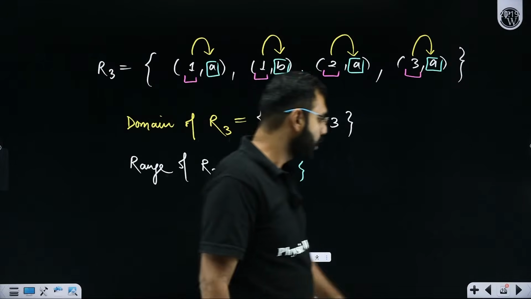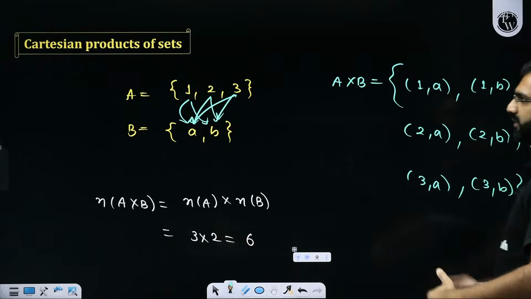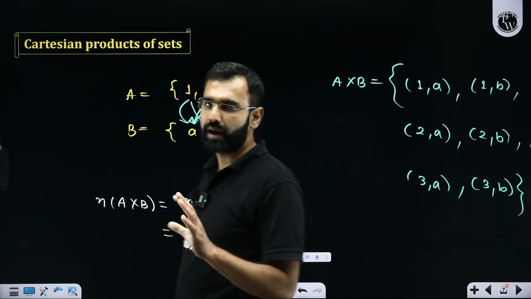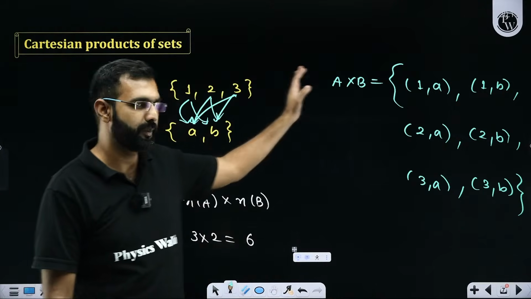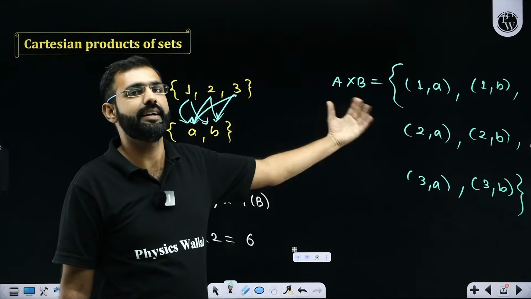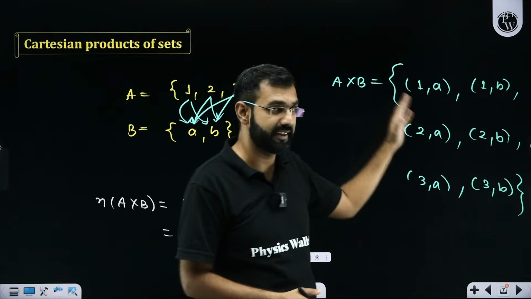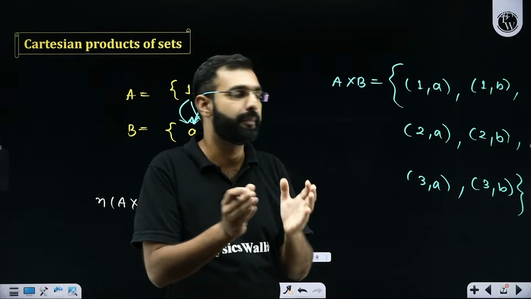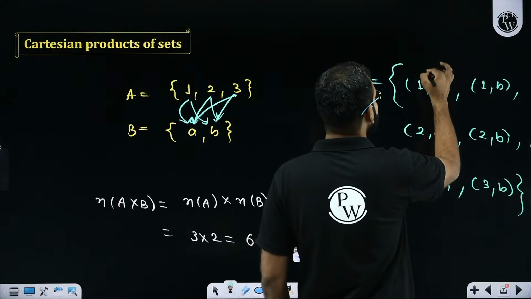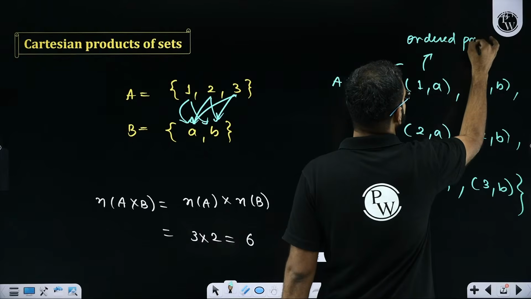I repeat, all what we have done so far is, I first of all told you, there is a set A, there is a set B. Cartesian product, we have taken A cross B. This A cross B, which is a Cartesian product of two sets, is again a set of ordered pairs. So this 1 comma A, 1 comma B, they are called ordered pairs.